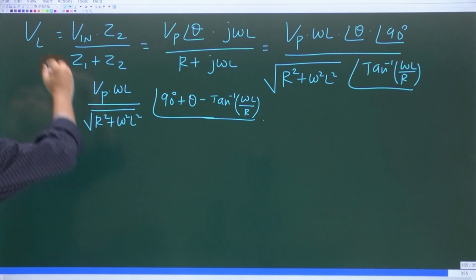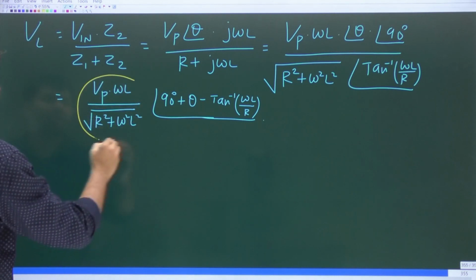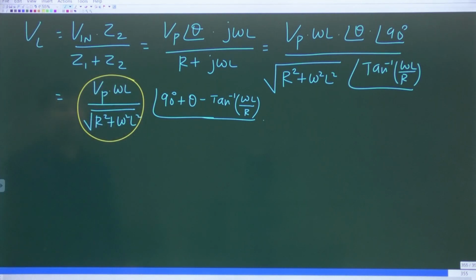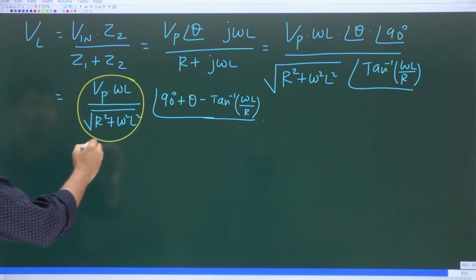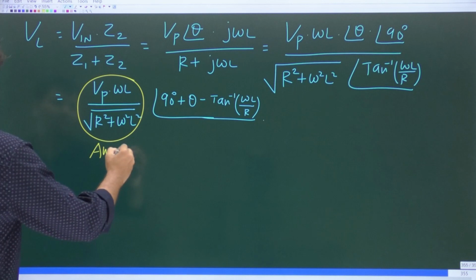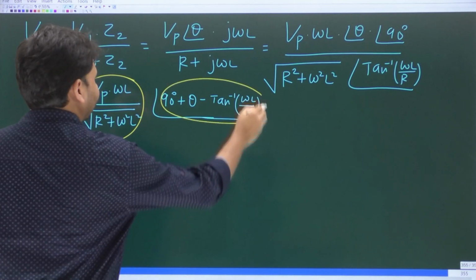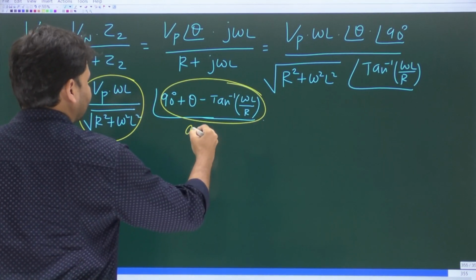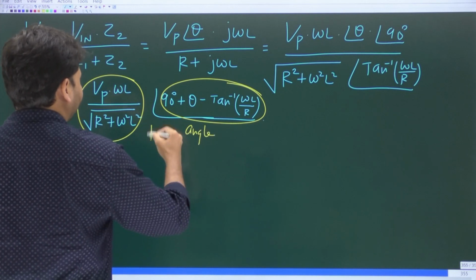Yes. So this entire thing, Vp omega L divided by square root of R square plus omega square L square, is like the amplitude, whereas this entire thing is like the angle. Which angle? The phase angle.